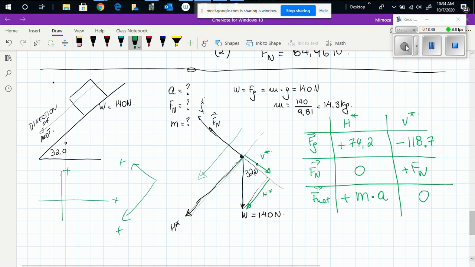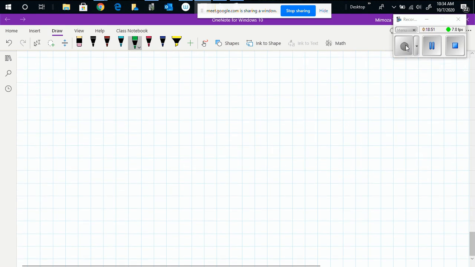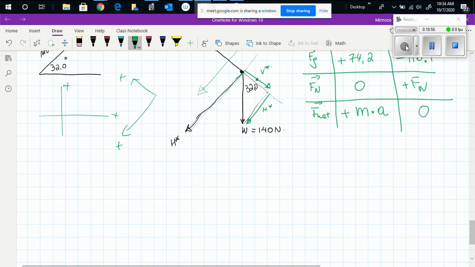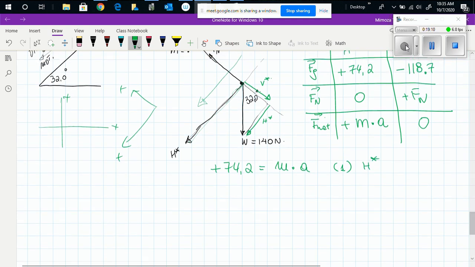And here we have two equations: one from the new horizontal, positive 74.2 is equal to mass times acceleration, and the other one is negative 118.7 plus force normal is equal to 0, and this is equation 2 from the new vertical axis.